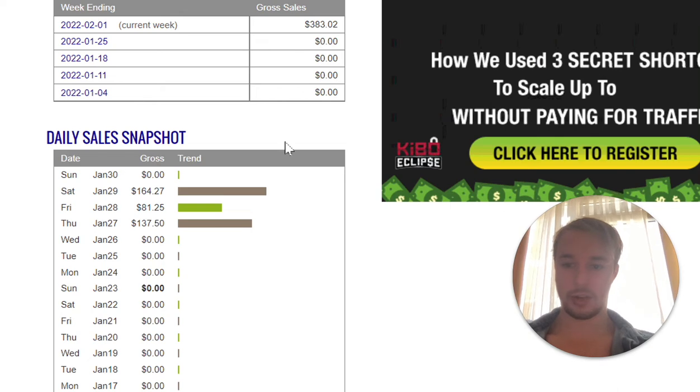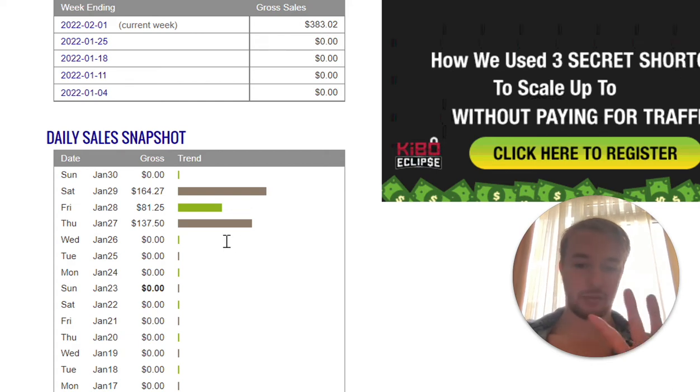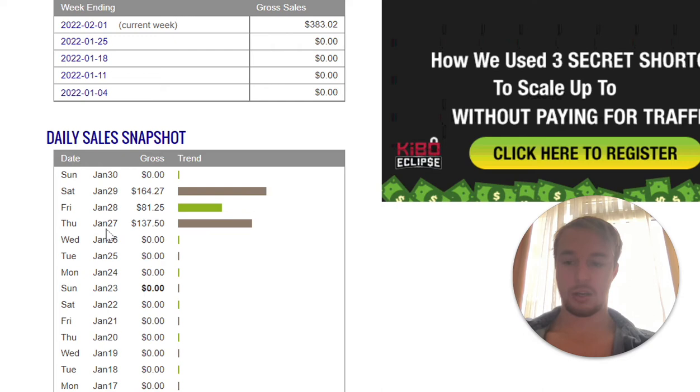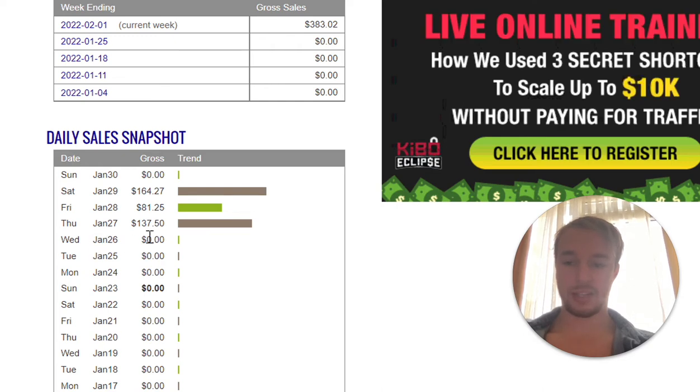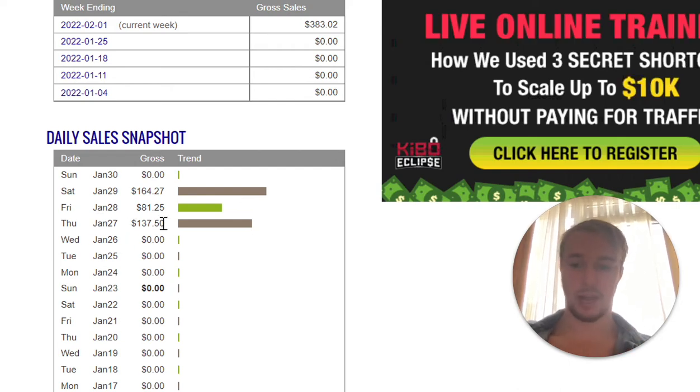So you can see over here $383, almost $400, by spending $20 to $25 per day on Facebook ads. We started on January 26th in the evening. On January 27th we had $137 from $25 ad spend.